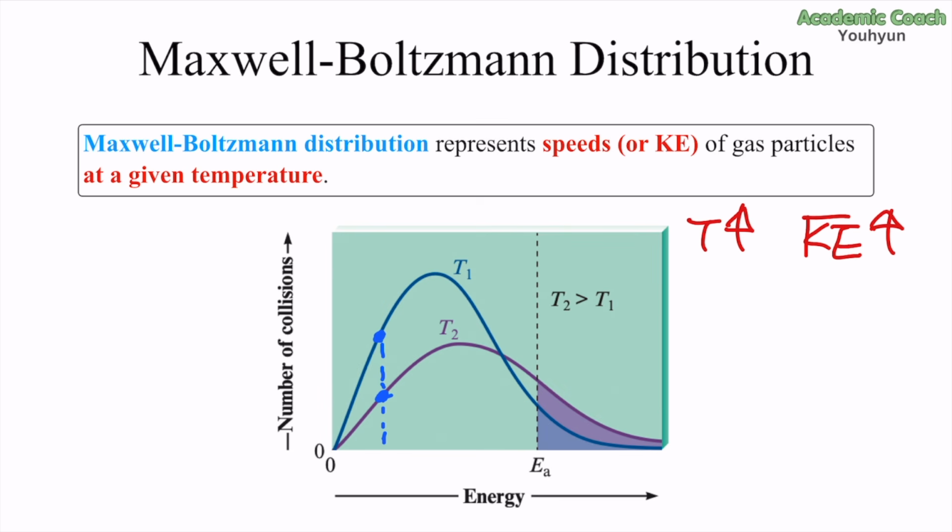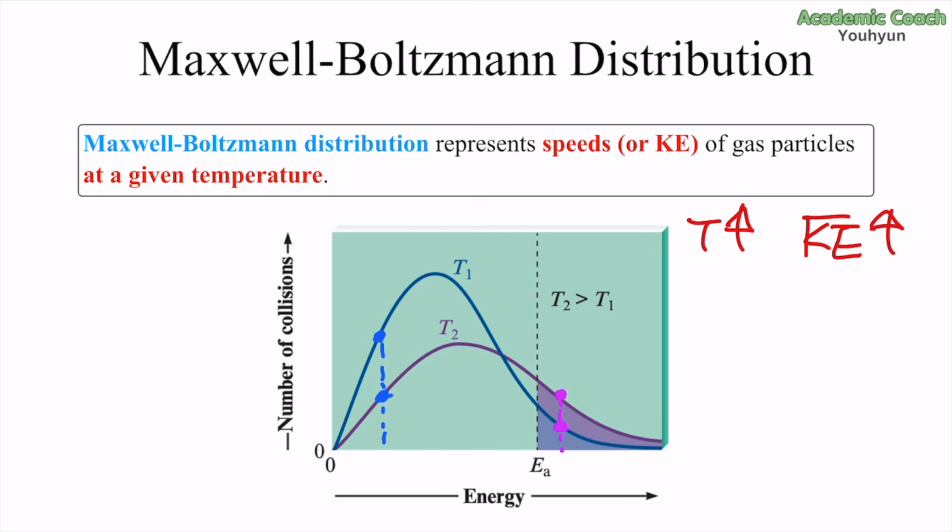And you also notice that when you move towards the right, when it comes to very high energy, at T2, at this higher temperature, a lot more particles carry that high energy. Well, for T1, only a very, very small portion of particles carry that amount of energy.